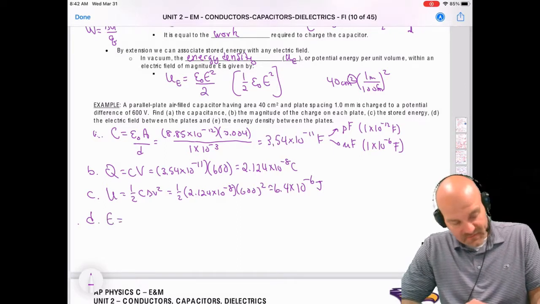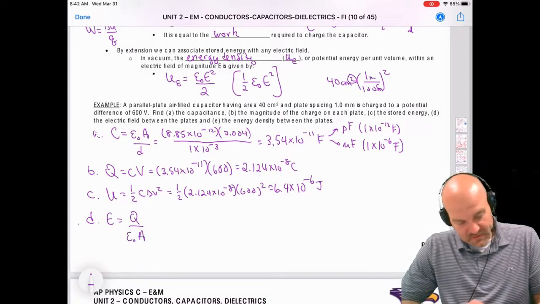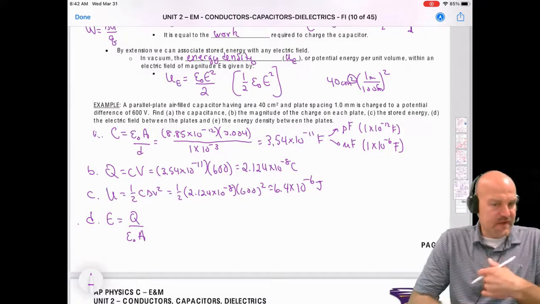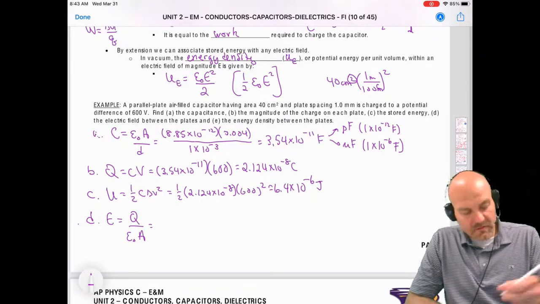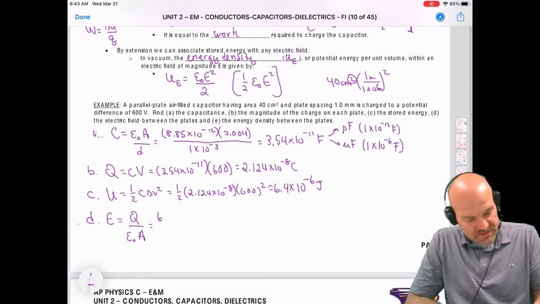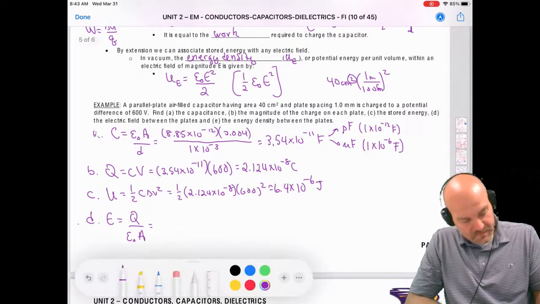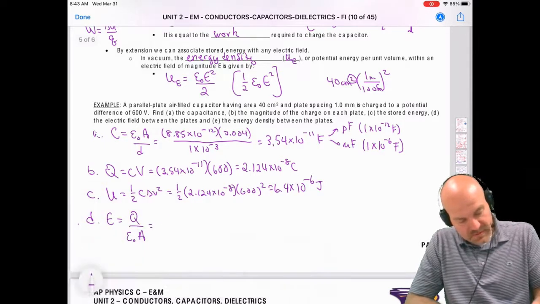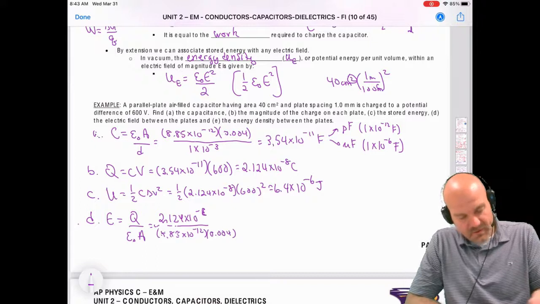Well, we did this in one of our previous examples where we found it was the surface charge density over epsilon naught, or Q over epsilon naught A. So I'm going to simply do Q, which is not 6, but 2.124 times 10 to the negative eighth, divided by epsilon naught, 8.85 times 10 to the negative 12th, times 0.004.